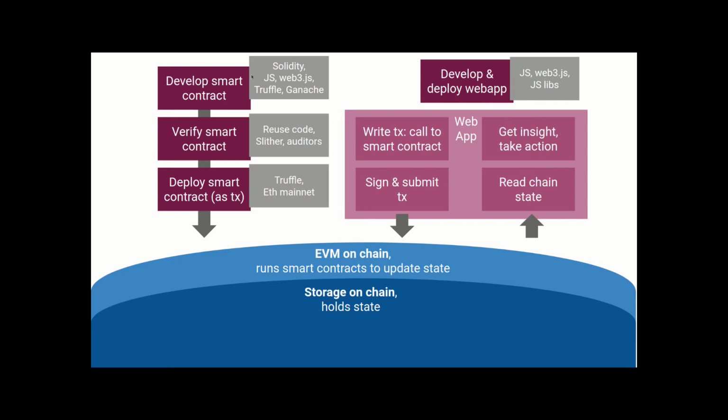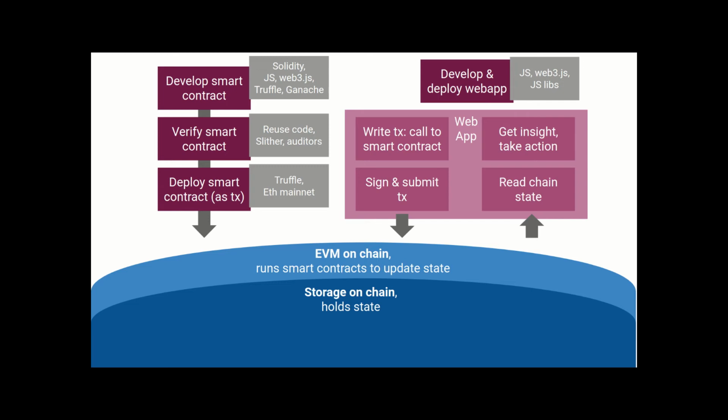After you've developed that smart contract with these tools, then, in verifying this, you want to use different tricks to verify it. So the main trick is reuse code. In smart contracts, there are a lot of different gotchas in development. You want to avoid those gotchas, and the best way is simply to reuse other people's smart contracts and make minimal tweaks.